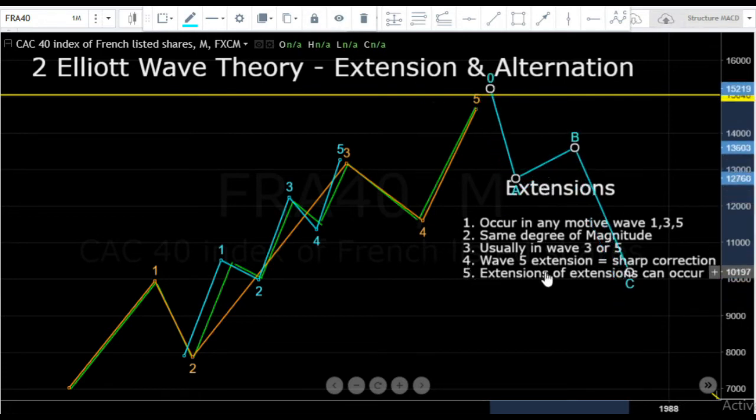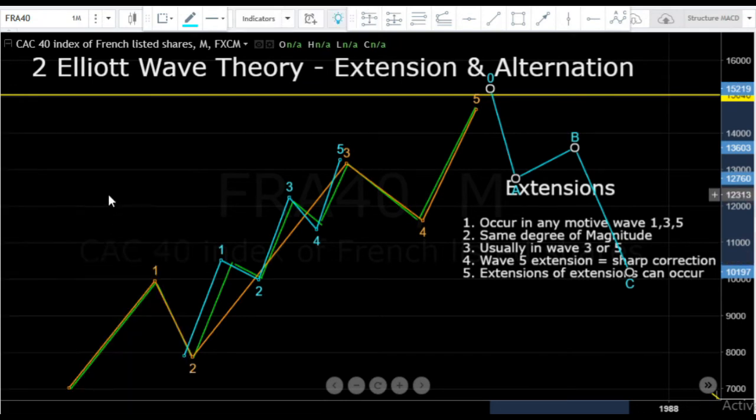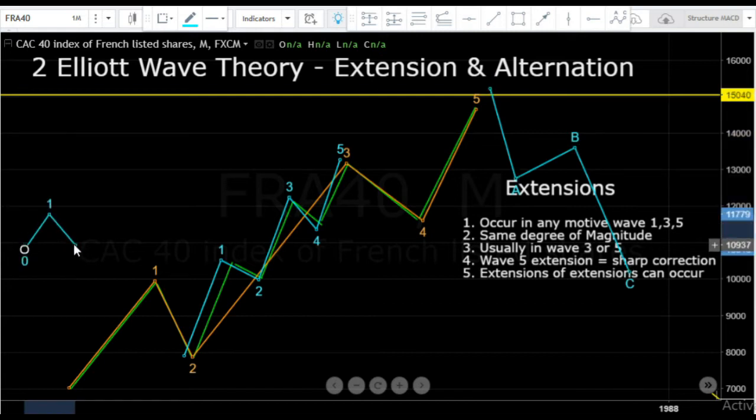And the final point we have here about extension is that you can actually get an extension of an extension. Now we don't have room to draw that here, but I'll draw it over this side. And they normally happen in the wave 5 position. So let's say this is our wave 5. We can have this is our extension.